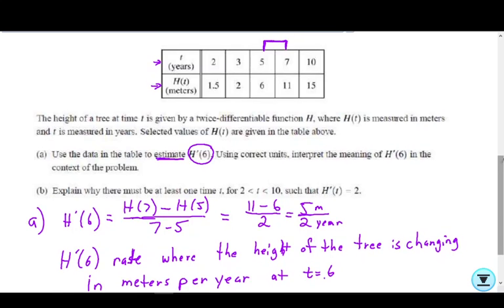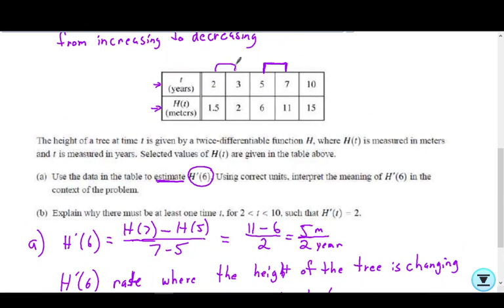So if we look here, this change is 1 year, this change is 2 years, 5 to 7, that's 2 years, 7 to 10 is 3 years. So we're basically doing old stuff we did in algebra. So this change here is 0.5, from 2 to 6, that's 4, from 6 to 11, that is 5, and from 11 to 15, that's 4. So remember, rise over run. So 0.5 over 1, that is 0.5.